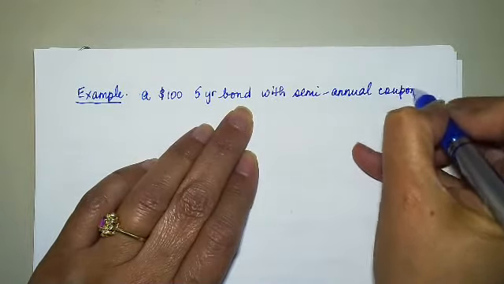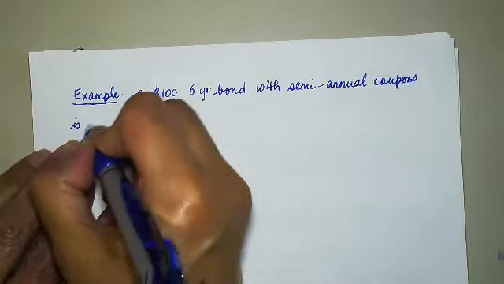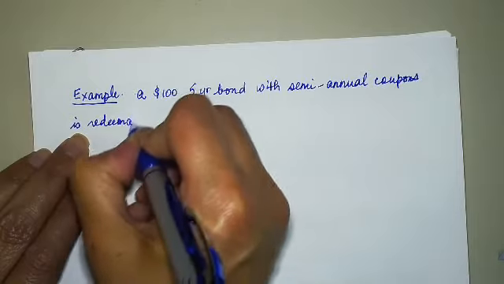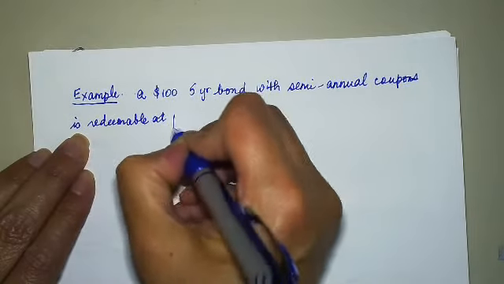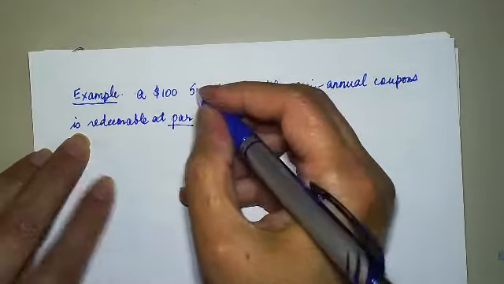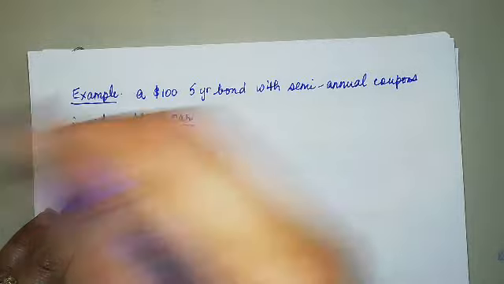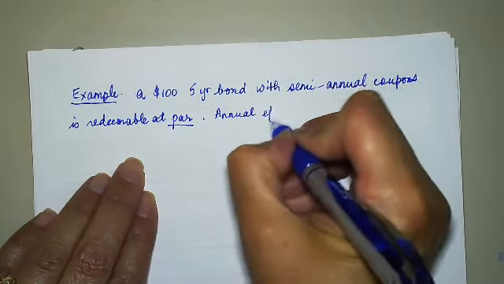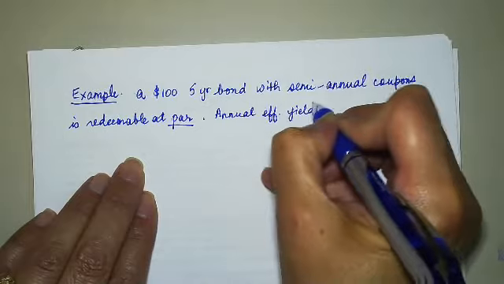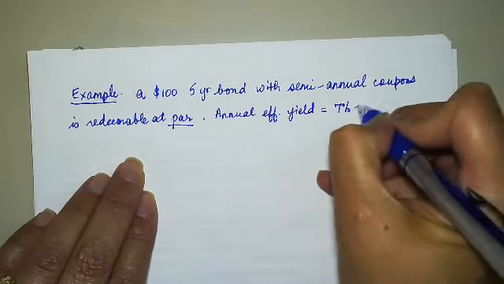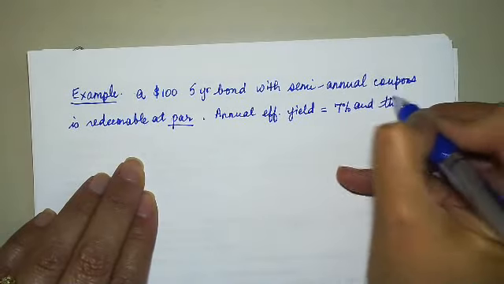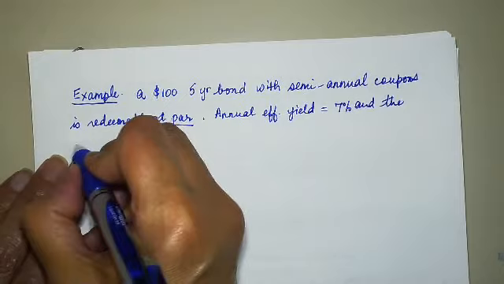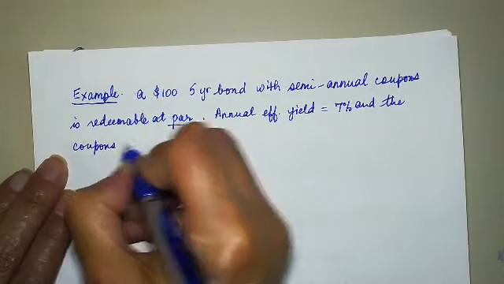Okay, let's go. Example. A $100 5-year bond with semi-annual coupons is redeemable at par.